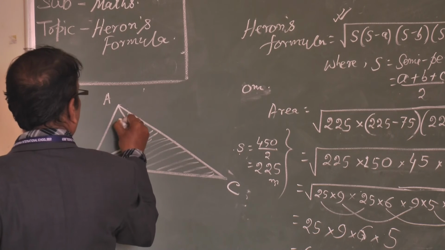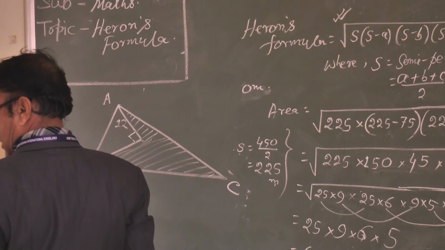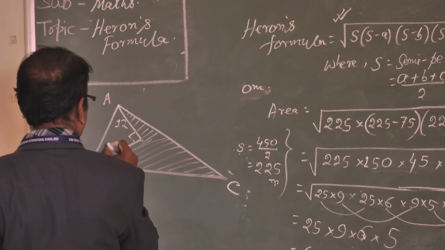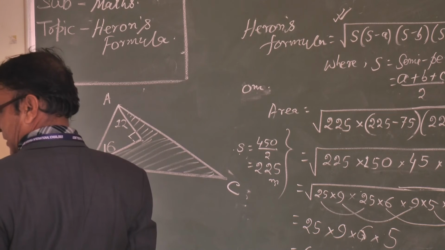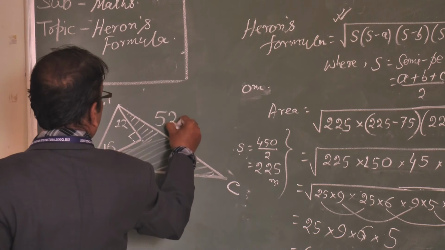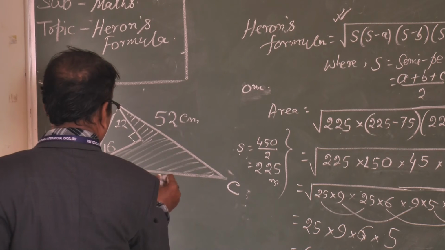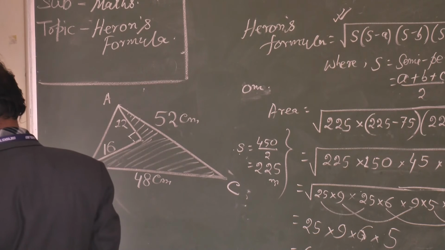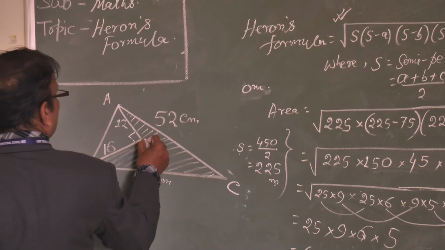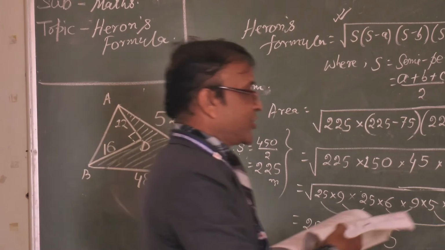This is given 12 centimeter. This is given 16 centimeter. This is given 52 centimeter. This is given 48 centimeter. And it is asked to find the area of this shaded portion.